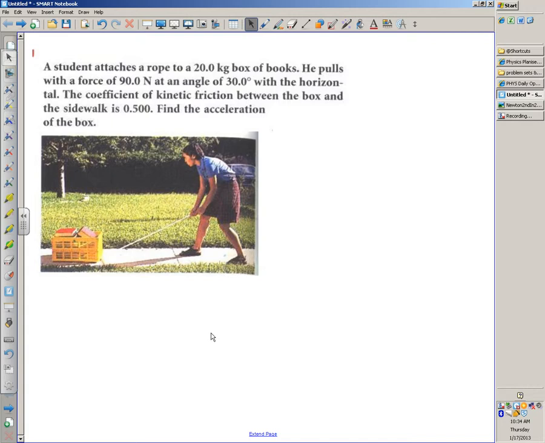Find the acceleration of the box. So apparently we're in a situation where this 20-kilogram box of books is too heavy to carry, but we don't have like a cart or a dolly or something with wheels to put it on, so we just have to tie a string to it and pull it along the sidewalk. Right? Do with that what you will.